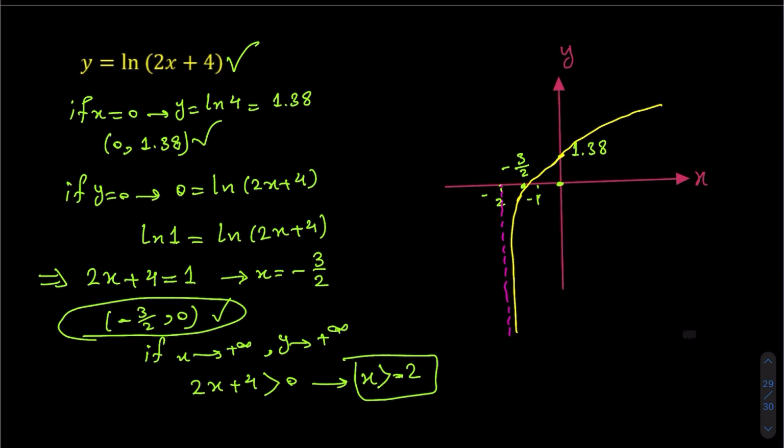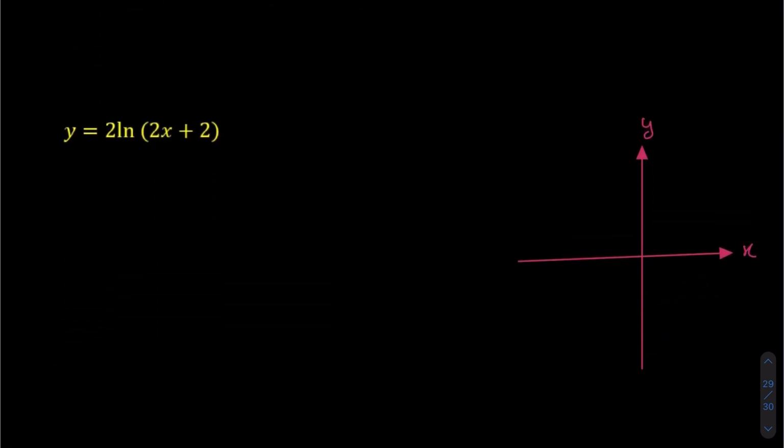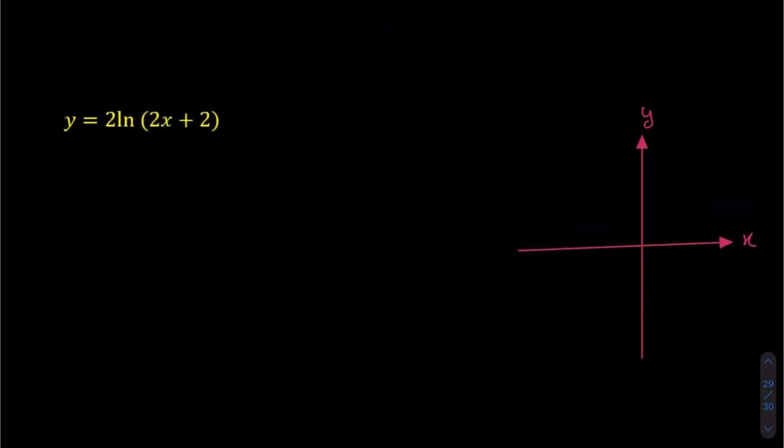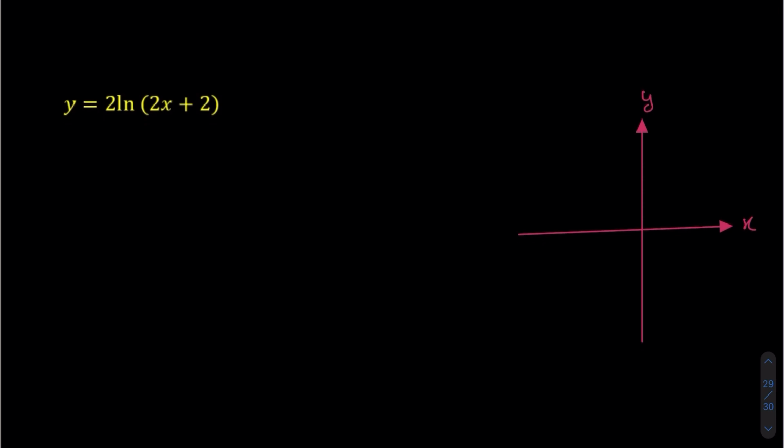Now let's do another example to see. Here there is another example. So we will take the steps again according to the previous examples. First of all, I will say x is equal to 0, then what will happen?